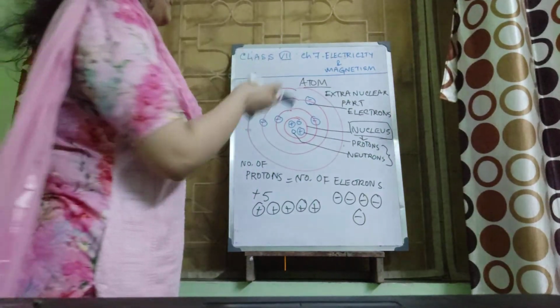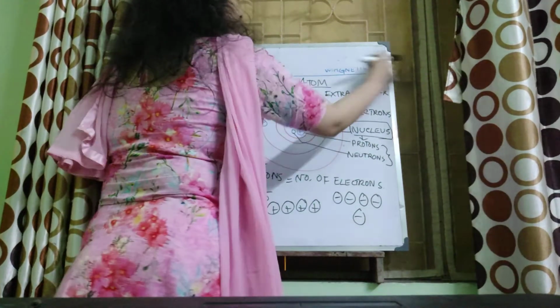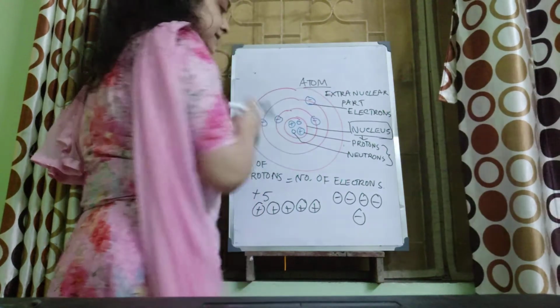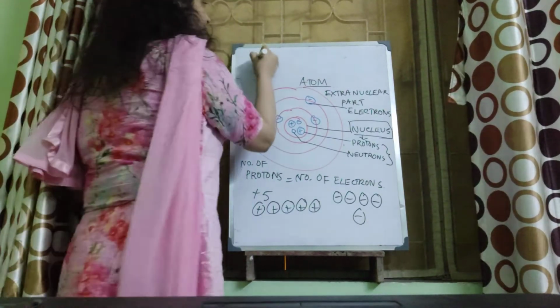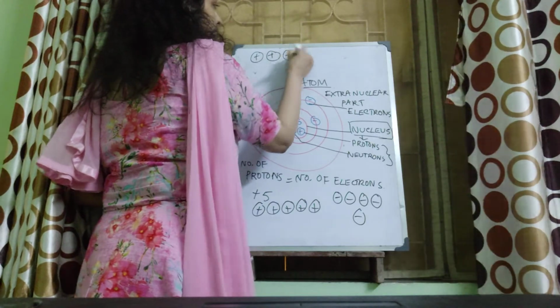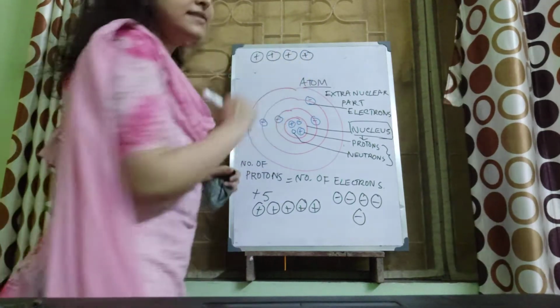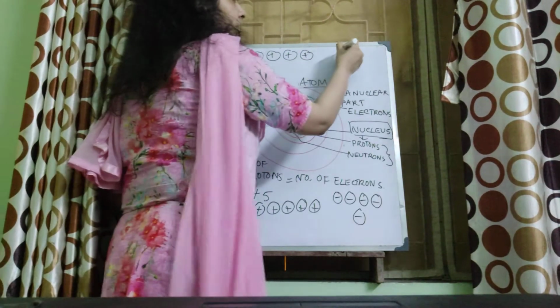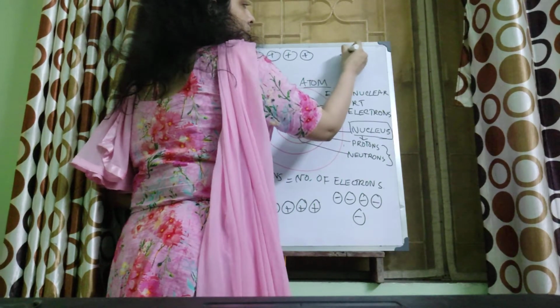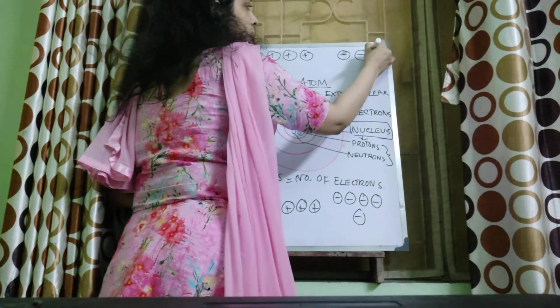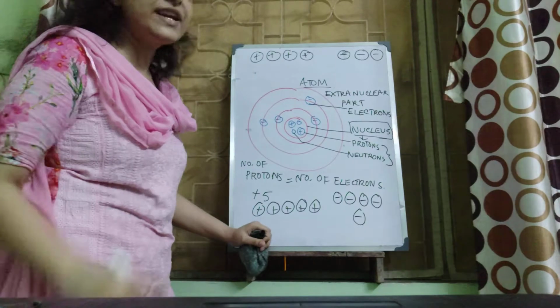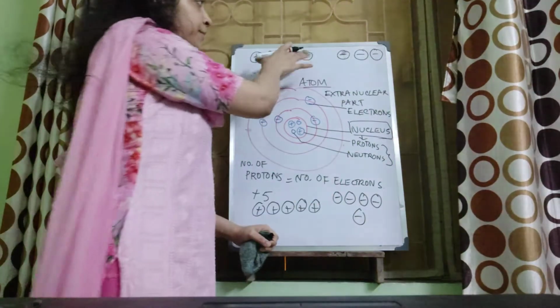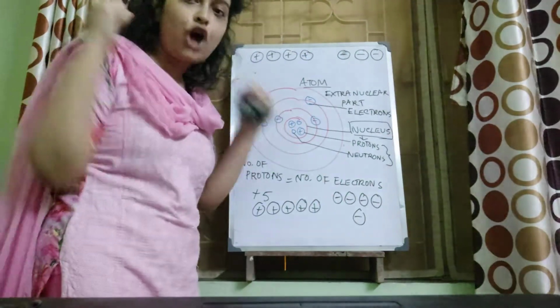Then, sometimes, why do we say that this object is charged? That means, what will happen? Suppose if I have 4 positive charge, and if I have 3 negative charge, which is more now? Plus is now more, it will dominate now.